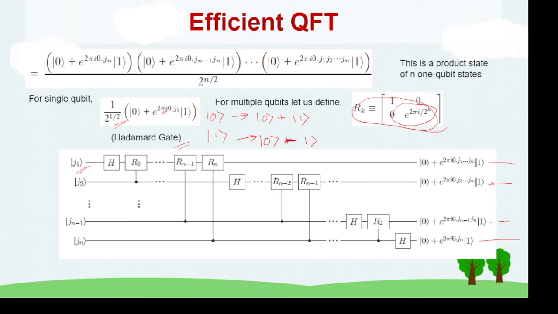So we have to swap like this: the first one to the last one, then the next one to the second one, like that. We may be doing n by 2 swaps. Then we will get exactly this expression. That is, for a given state of qubits, with the input data already encoded, we will get the qubits in some state, okay? And we will see what happens with an example.